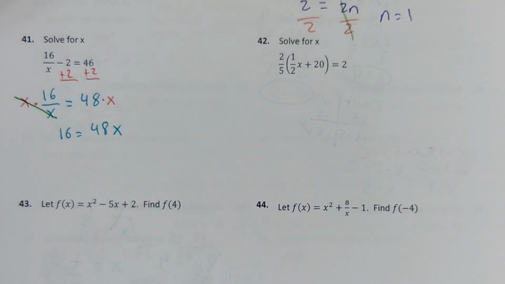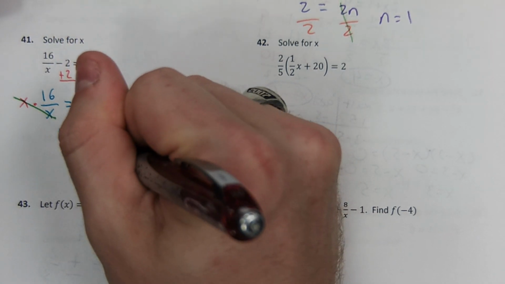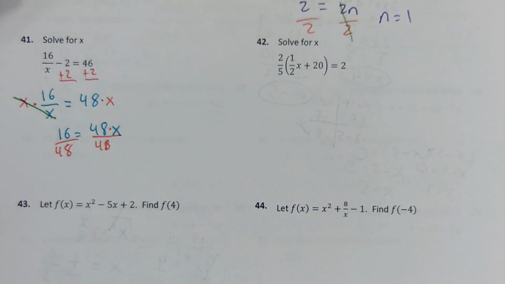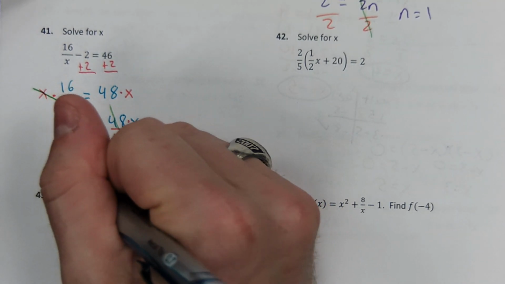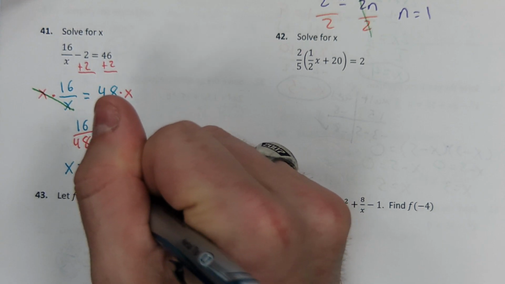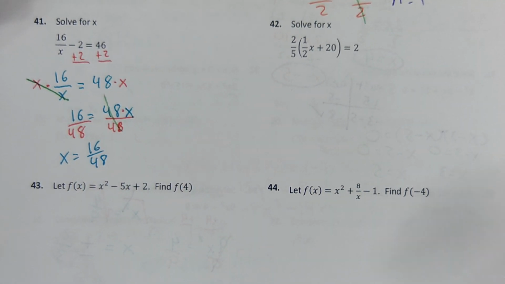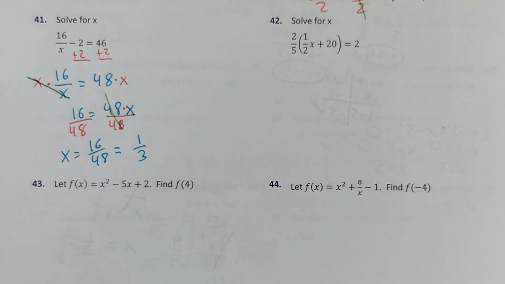Now you can divide to get x alone. So get rid of this times 48 by dividing both sides by 48. That gives me x equals 16 over 48, but you must reduce your fraction. You could divide the top and bottom of this by 16, and you will get 1 over 3.